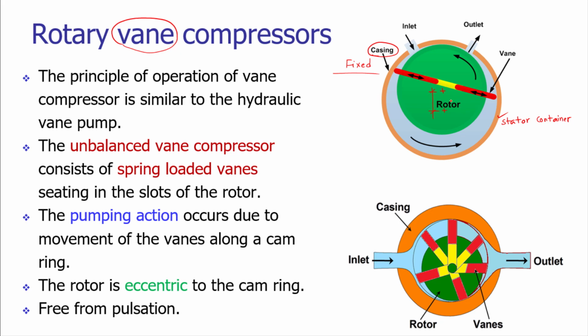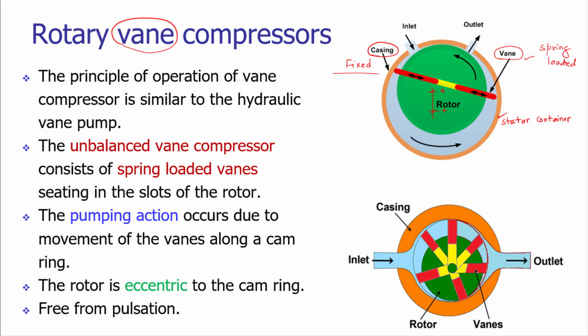The rotor is moved by the prime mover, and as the rotor is moving, the spring loaded vanes are reciprocating inside the slots. The slots are having the spring loaded vanes.